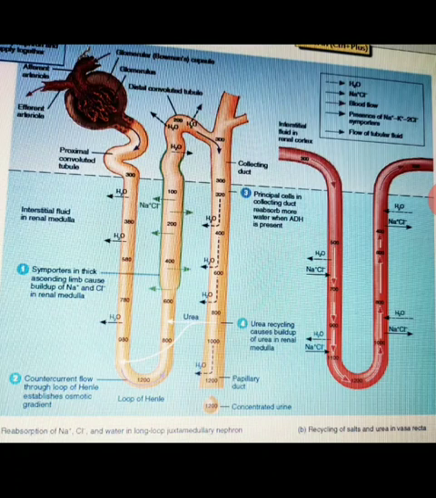The counter current flow through the descending and ascending limb of the loop of Henle establishes the osmotic gradient in the renal medulla. The long loop of Henle is said to function as a countercurrent multiplier.